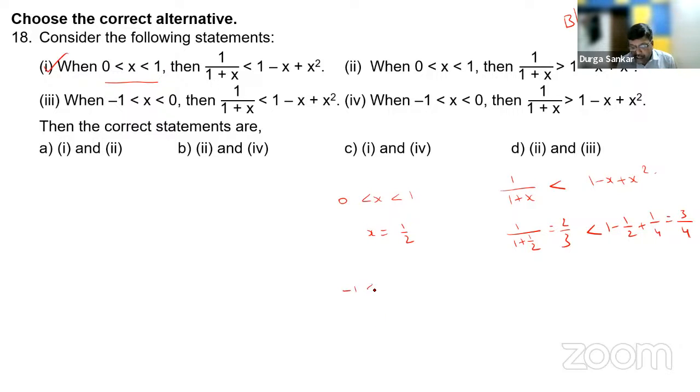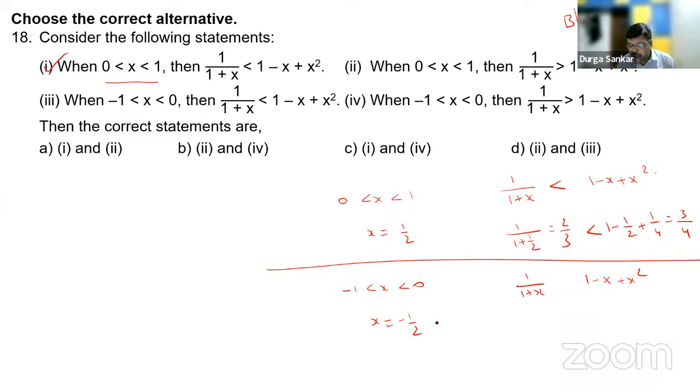When minus 1 is less than x less than 0, what is the relation between 1 by 1 plus x and 1 minus x plus x square? Let's take x equal to minus 1 by 2. So 1 by 1 minus 1 by 2, that is 1 by 1 by 2, which is 2.